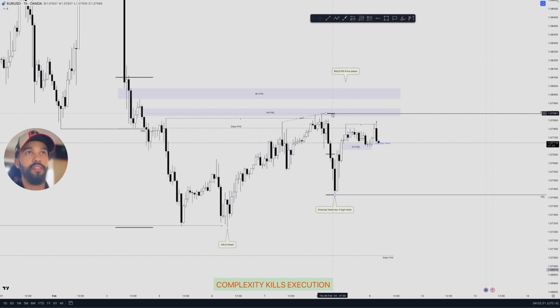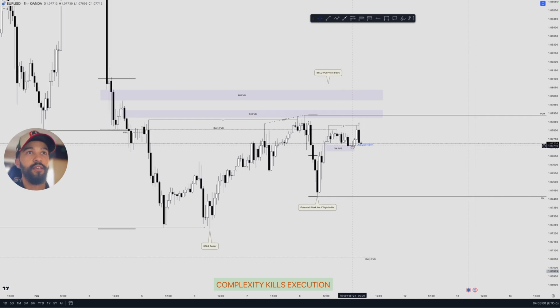The reason why I've got this leg drawn out, even though I think this is the larger internal leg here, is because now that we've pulled back and we're in this 1 hour order block still, if price fails to make the higher high here, this is a potential weak low. So this will become the leg that we're working within.